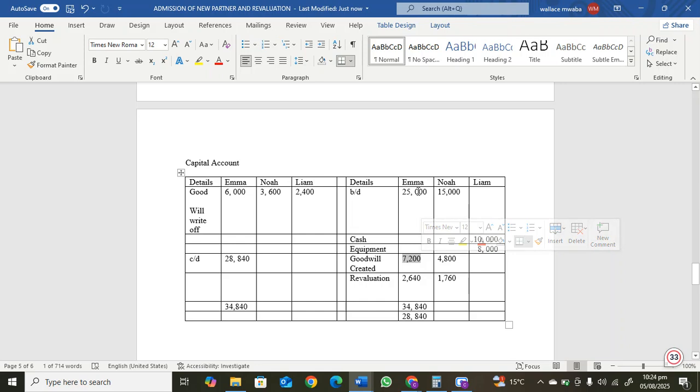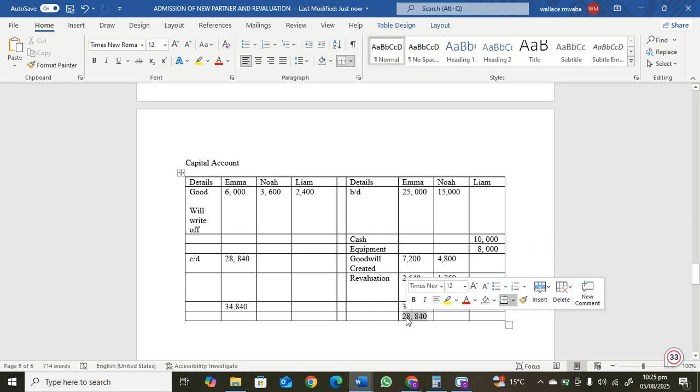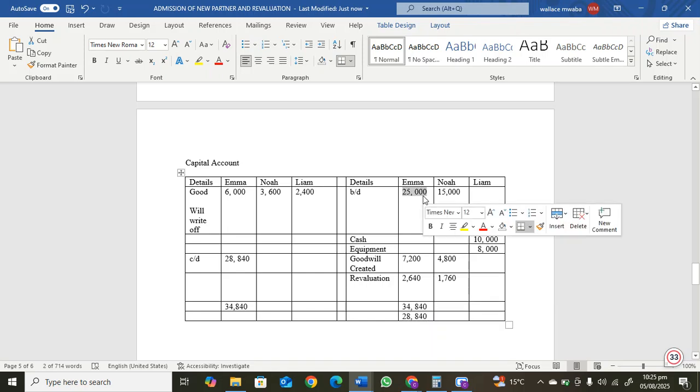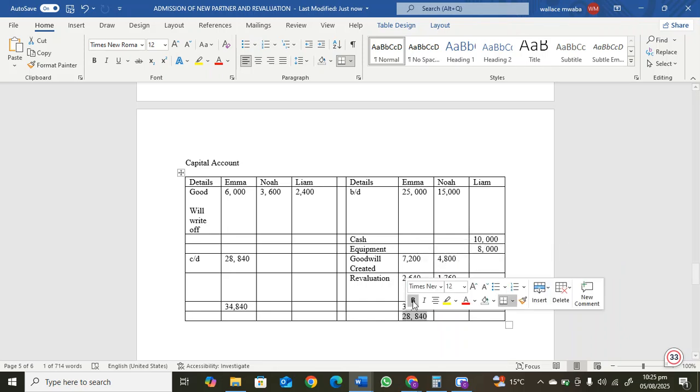So the net effect is her capital account increases by 1,200 plus this 2,640 to get 28,840. Her capital balance has increased due to the compensation from Liam and this profit from the revaluation.